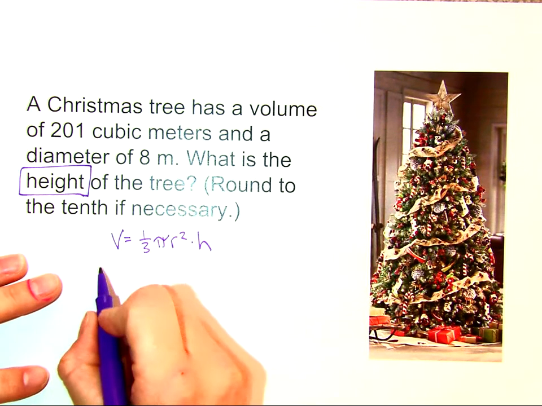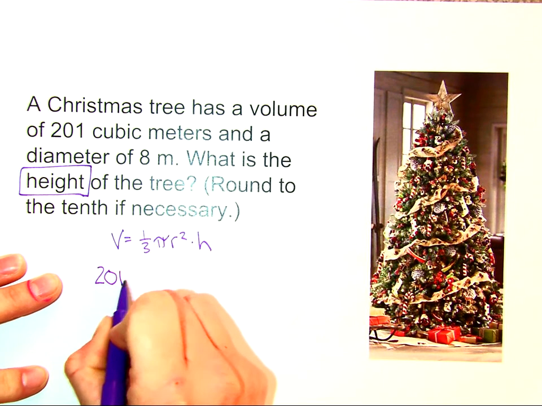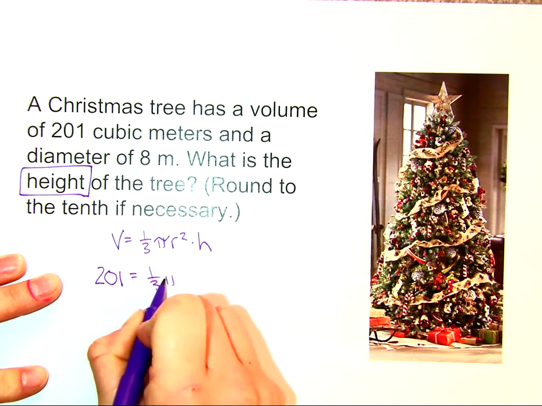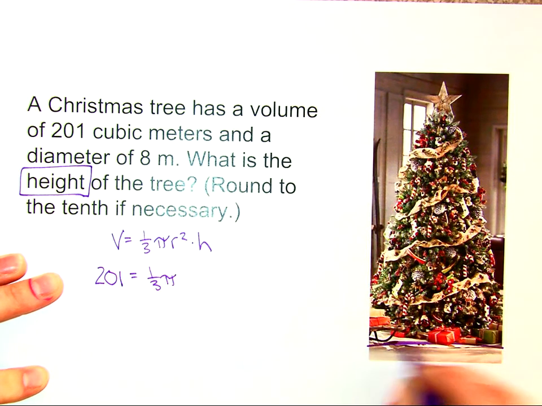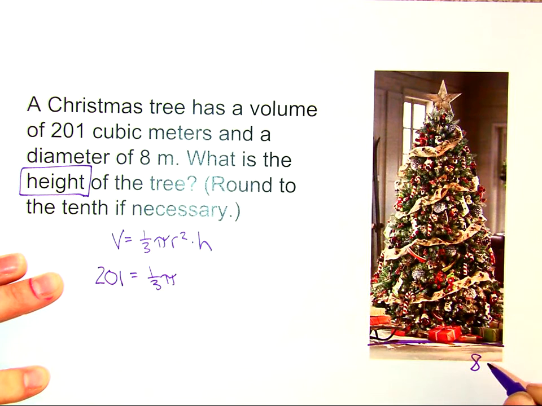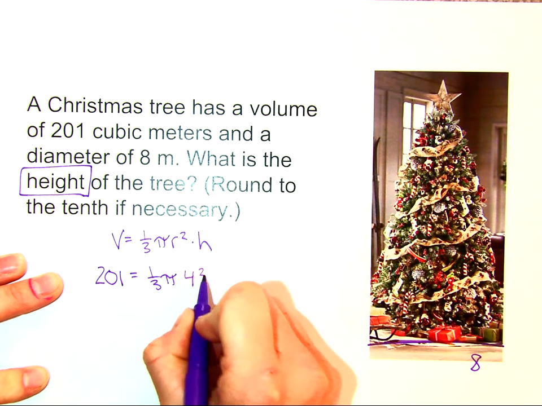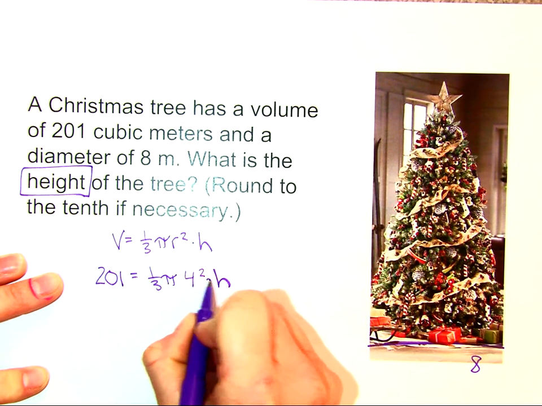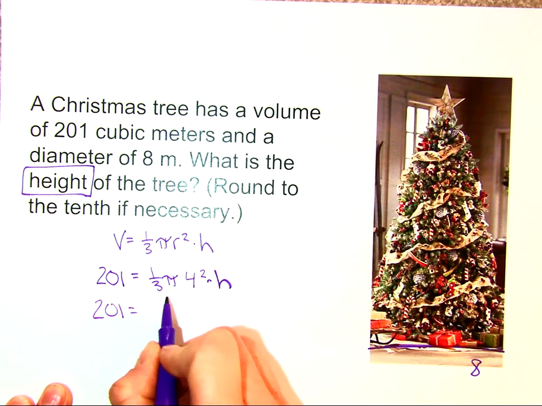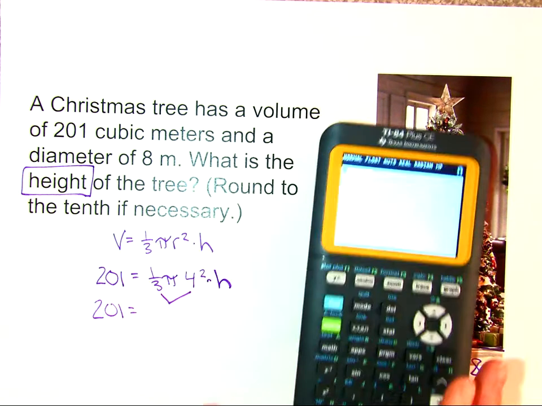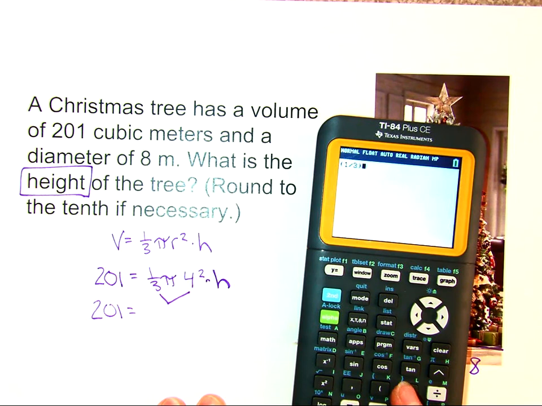So if I'm filling in what I know, the volume is 201 cubic meters. I gave you diameter again, which is all the way across, is 8. So half of that is my radius, which is 4, and we are trying to find the height. So I'm going to simplify all of this by typing in 1/3 pi 4 squared.